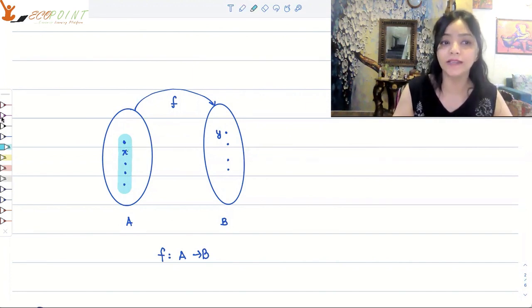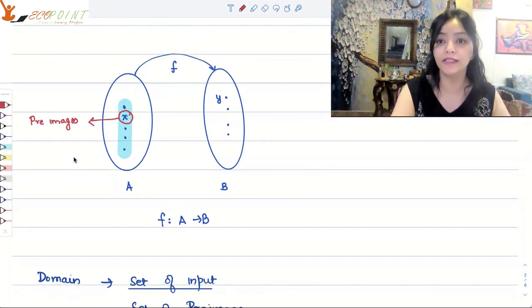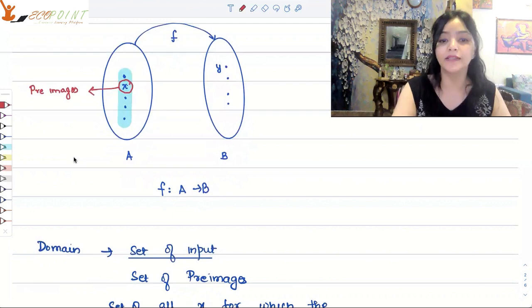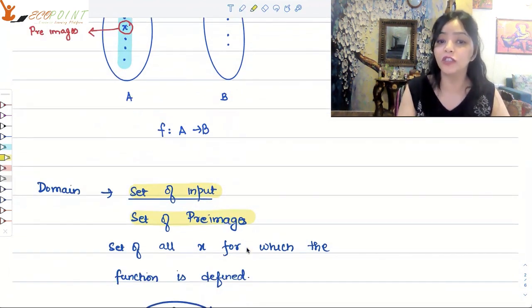Hence, all these x's are also called pre-images. So in this sense, domain is the set of all possible pre-images, which basically means that these entries will definitely have an image. It's the set of input. It's the set of all pre-images, set of all x's for which the function is defined. It is plausible to put them as an input.